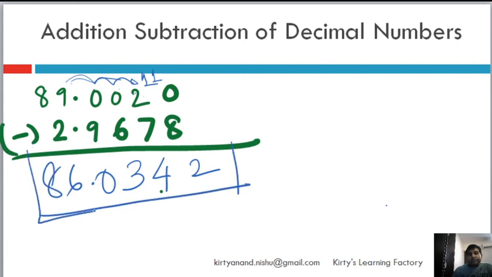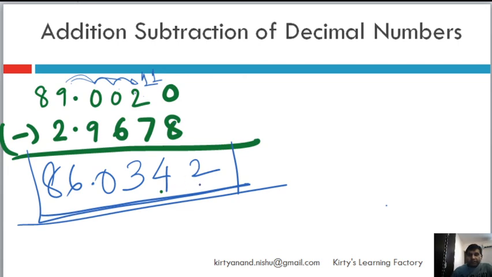And a good way to check if you have subtracted correctly or not is so simple. This is the number that you subtracted and this is what you got. Just as a quick check, add these two, you should get the number on top. Simple.